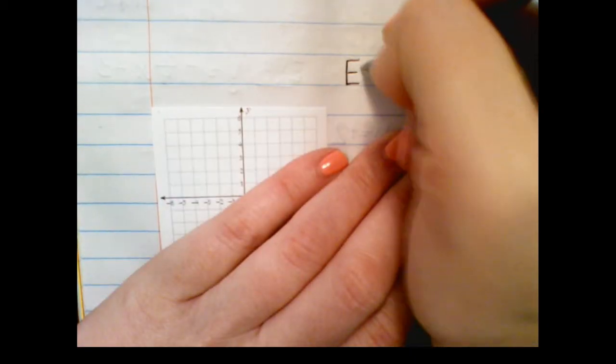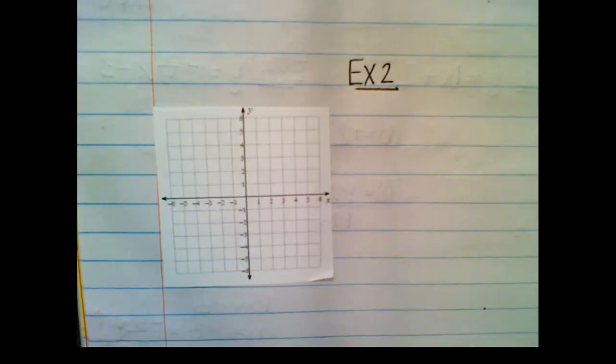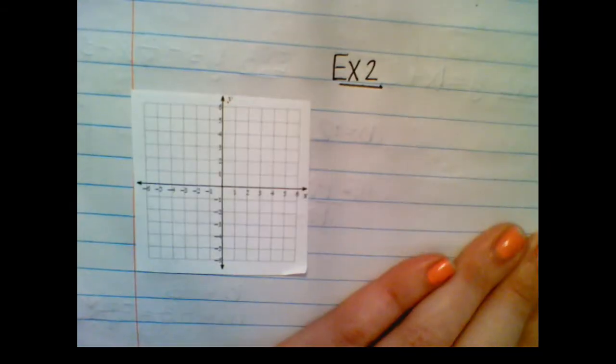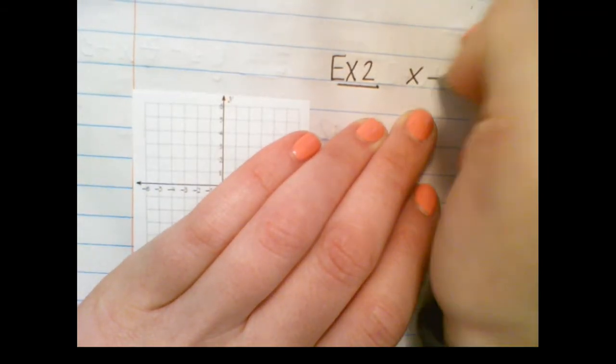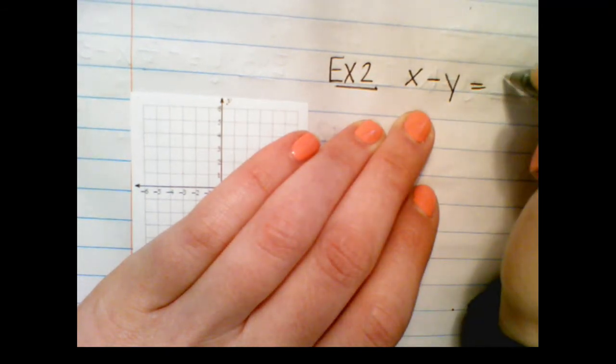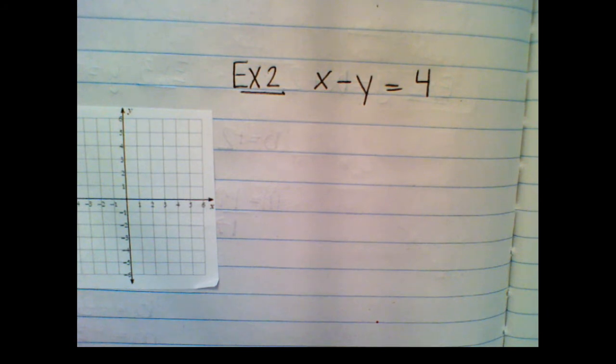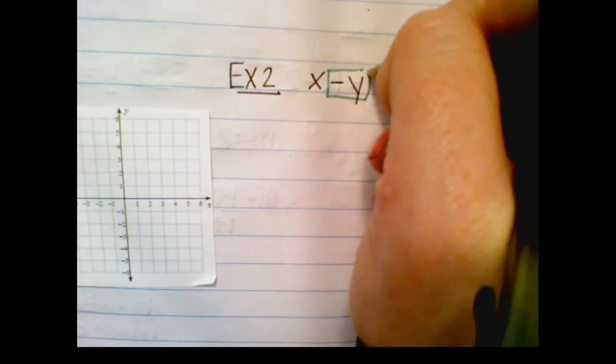Last example for today. It's going to be very similar to the one above, just one step different. Our last example is x minus y equals 4. So the same thing, I need to get the y by itself.